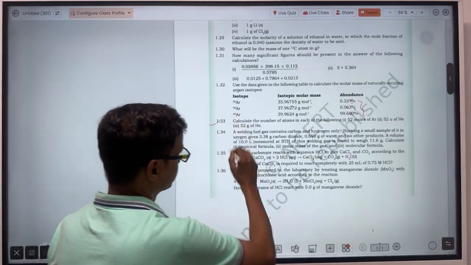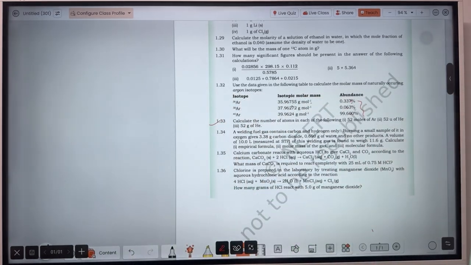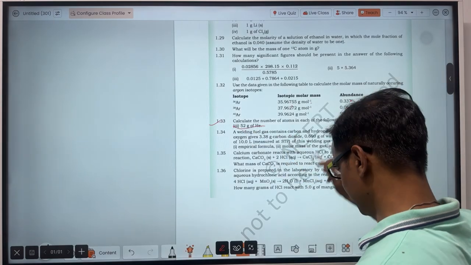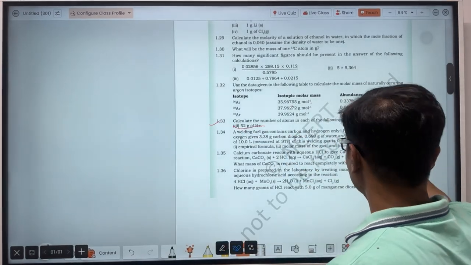Here, to calculate the number of atoms, this one is very easy. 52 moles of argon, so 52 into the atomic weight of argon. About these questions we discussed, but here the meaning changes, so let's see how to solve this question.